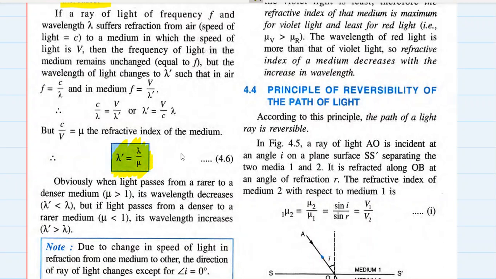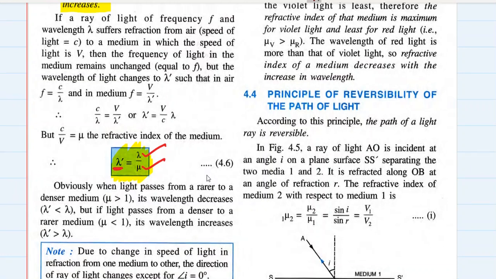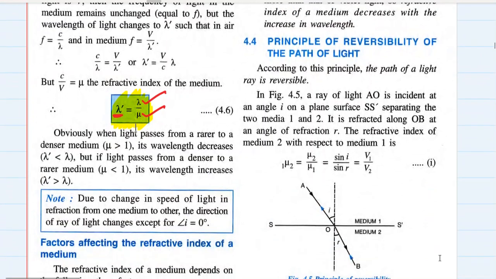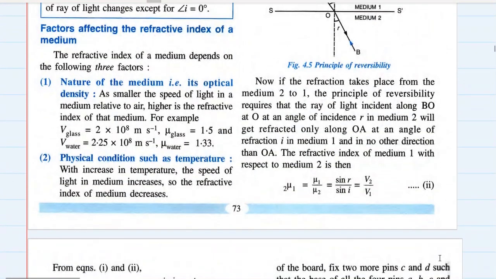This formula simply states that the new wavelength, lambda dash, equals the original wavelength in medium 1 upon the refractive index of that medium in which the ray of light is entering. I'm not going deeper into it. We'll come to it when some numericals based on this particular formula are given to us. Okay, let's go to the next topic, which is factors affecting refractive index of a medium.